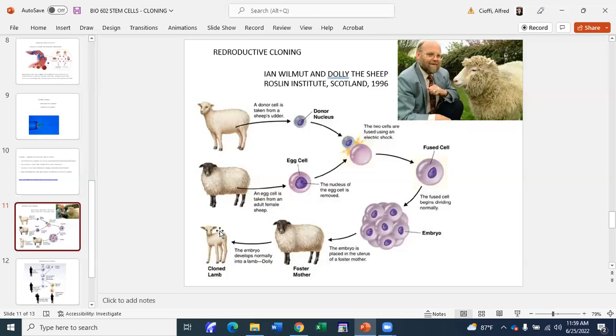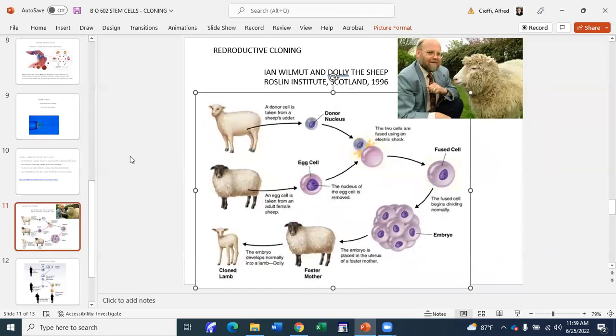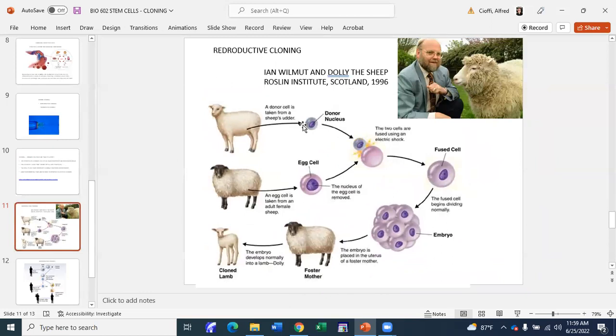So Dolly is a clone of the gestational mother, or is a clone of the somatic nucleus donor? Which one? The somatic, no? The somatic. Yeah, of course. In other words, who's directing the genome here? Who's directing the development? It's the genotype, right? It's the genome in the nucleus.